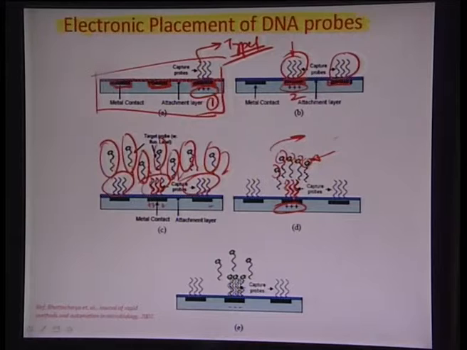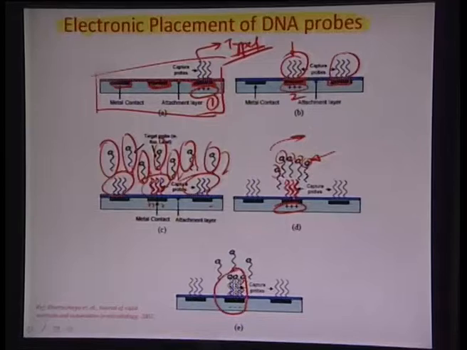Now you could also use the electrode for repelling the negatively charged single strand. Suppose you have already registered a complementary binding over this particular electrode, and it cannot be used anymore.